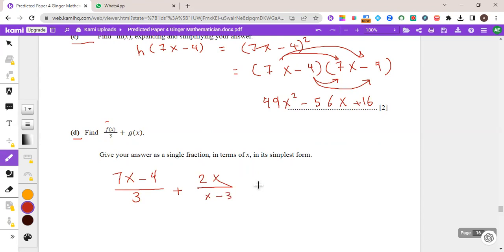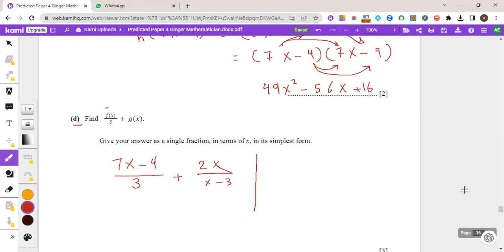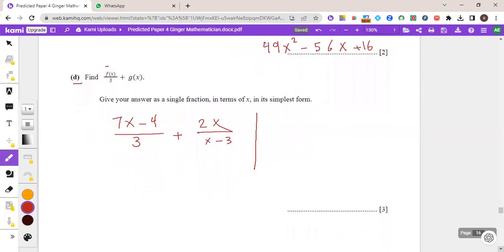Okay, then how to simplify it? We are going to make the same denominator. Yes, I will multiply the two denominators and then cross multiply, right? So it will be like this.